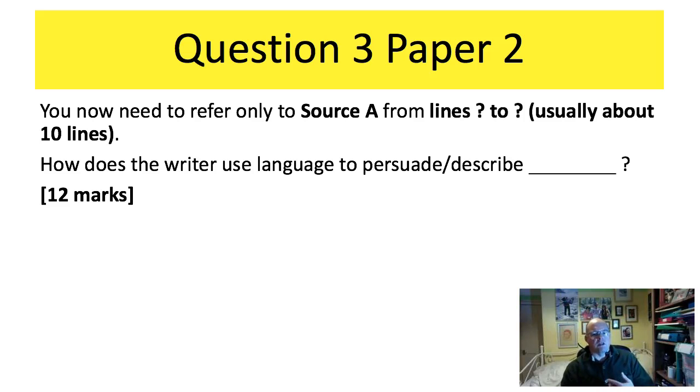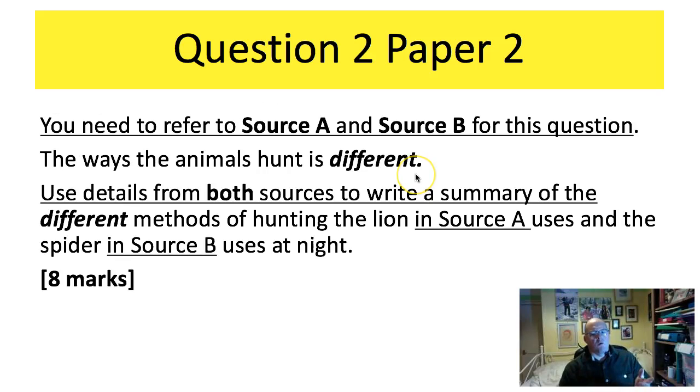Now, I'm proposing that you should do question 3 first and then question 4. Why not question 2? Because question 2 is also about source A and source B. Well, because question 2 was the one that students did worse at, so they got more mistakes in question 2, and it's only worth 8 marks.